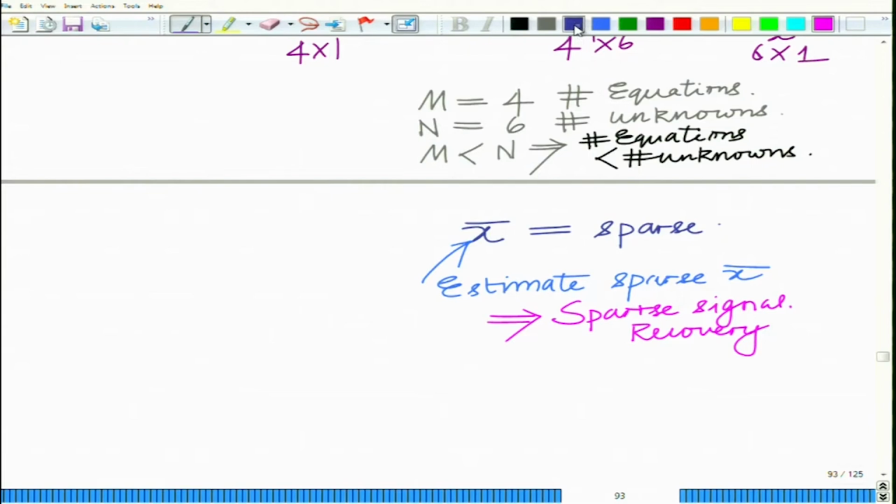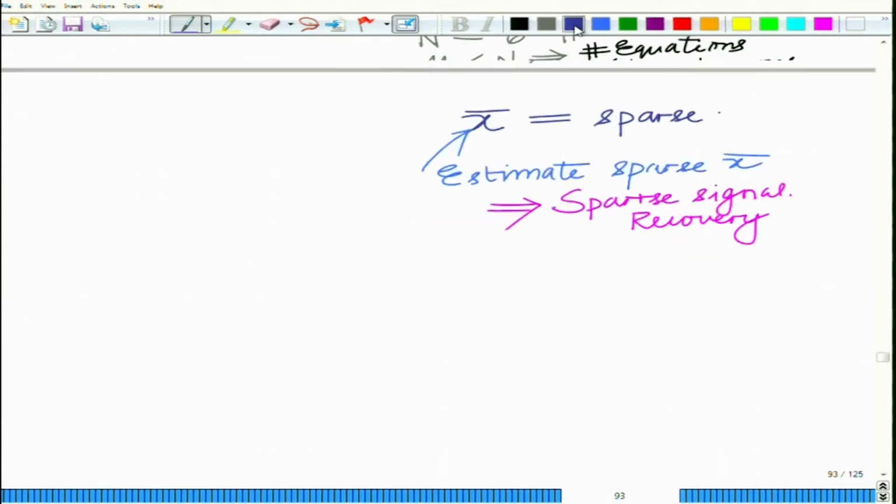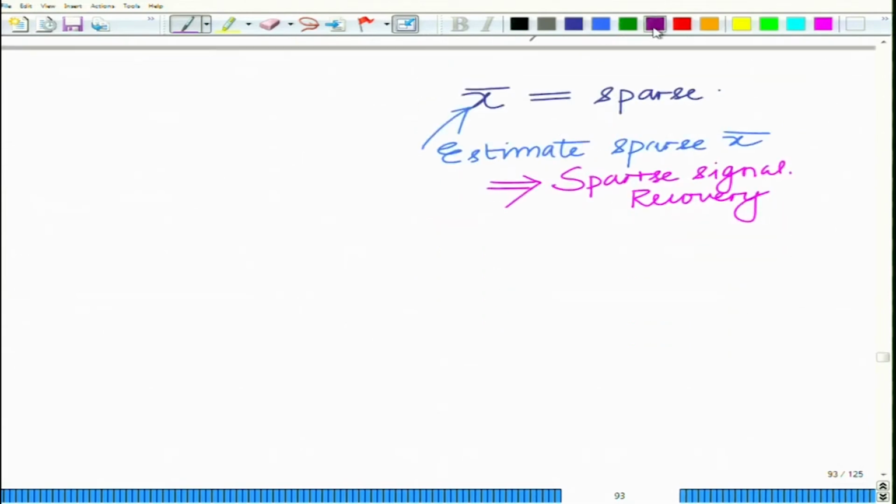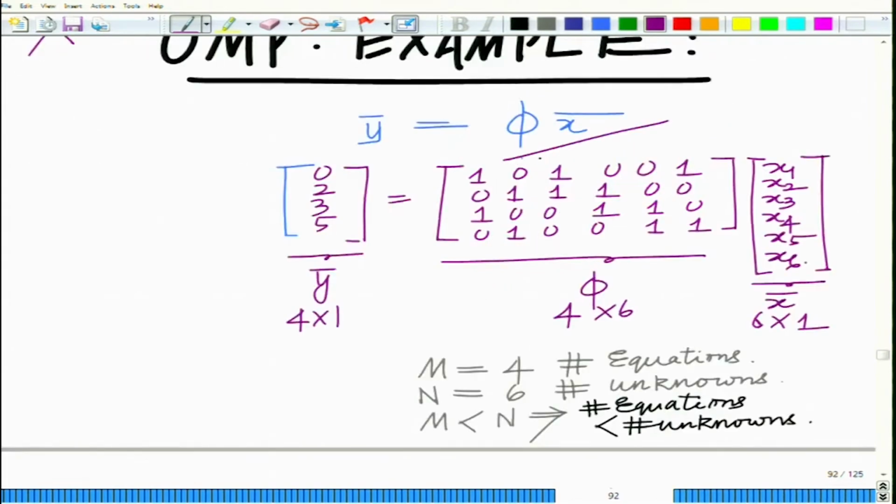This is termed as sparse signal recovery, and the algorithm we have seen, OMP for sparse signal recovery, proceeds as follows. First, find the projection. You can see these are the columns, for instance this is phi 1 tilde, this is phi 2 tilde and so on, up to phi n tilde, or in this case n equal to 6, so this is phi 6 tilde.